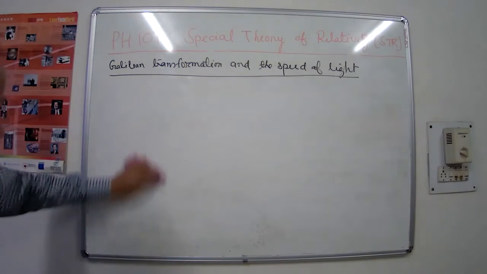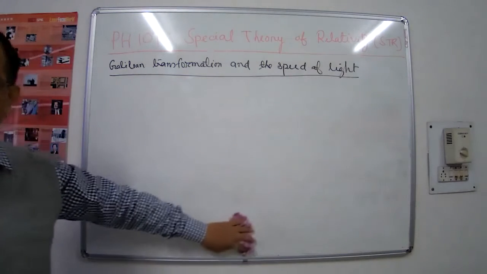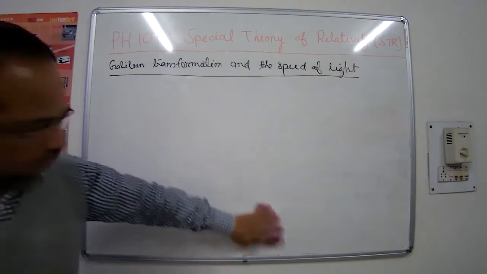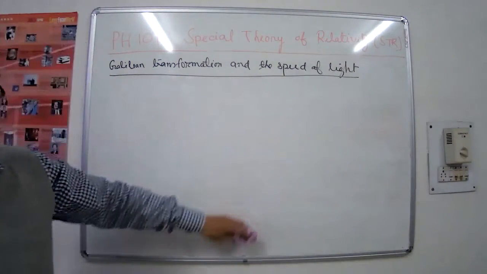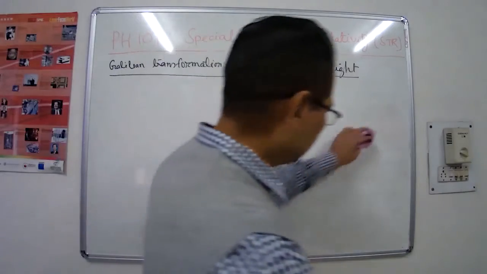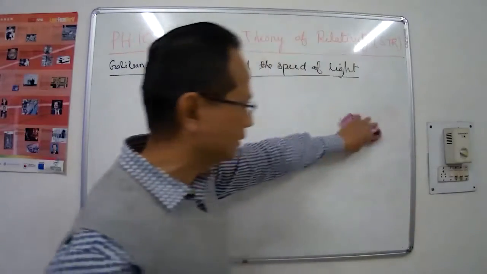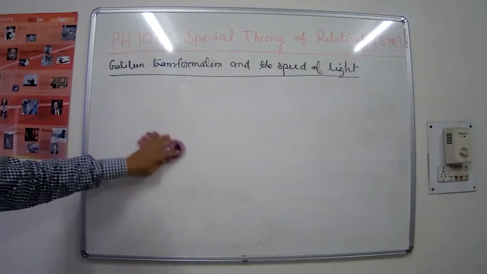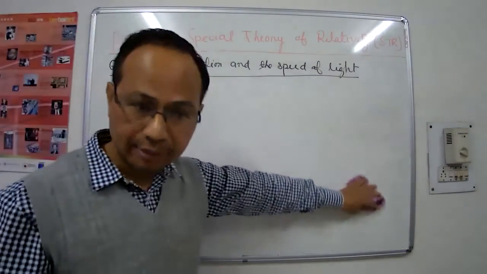So just now we have found that Newton's laws are valid under Galilean transformation, but for maybe 150 years after Newton, Newton's laws were considered to be everything.